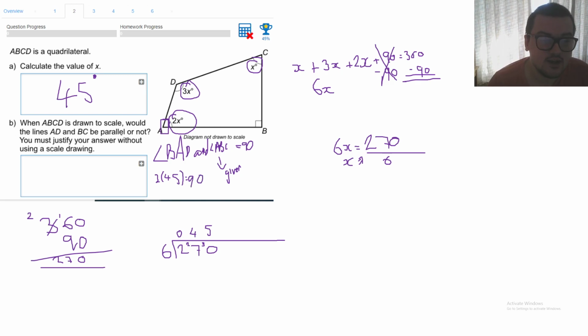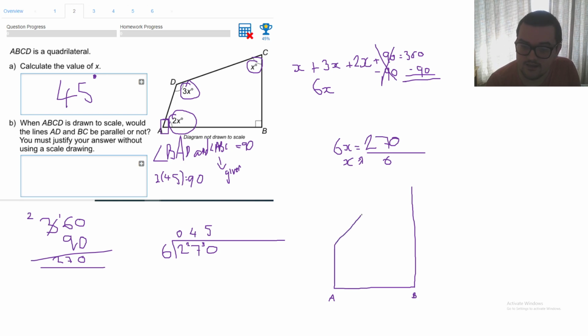Yes, they would. And without drawing a scale drawing, but let's just do it anyway. So there's our line AB, so we do the point A, we do the point B. We go up here, and because this angle here is 90, we're going to go up here as well. And it's going to look something a bit like this.